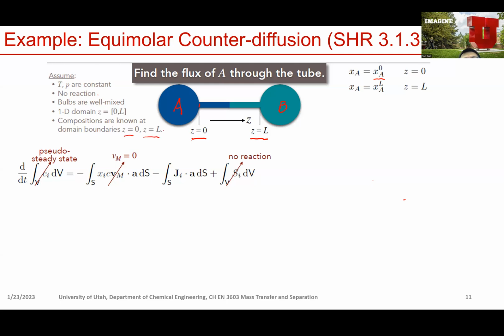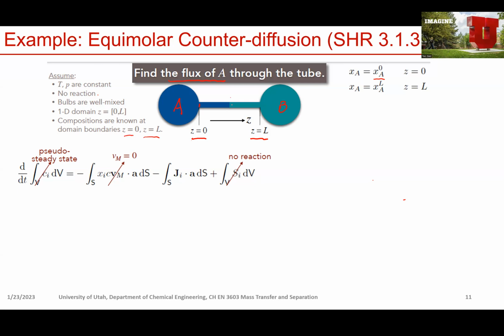Now, how do we find out the flux of A through the tube? Initially, let's say there's a wall in the tube that separates the left side of this control volume from the right hand side.